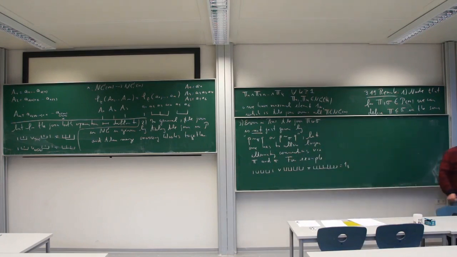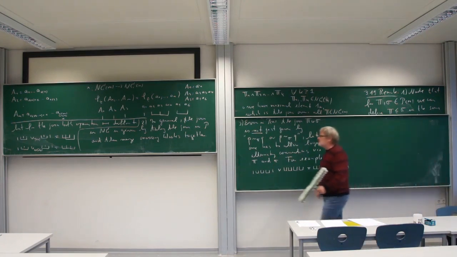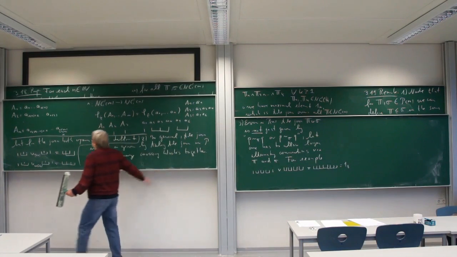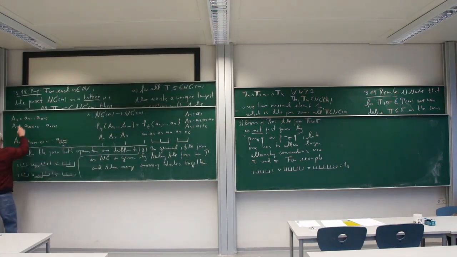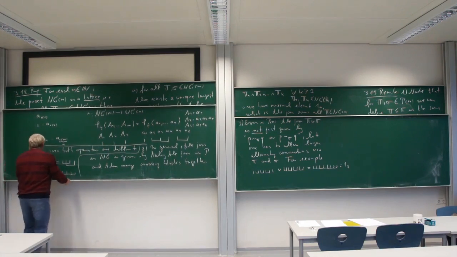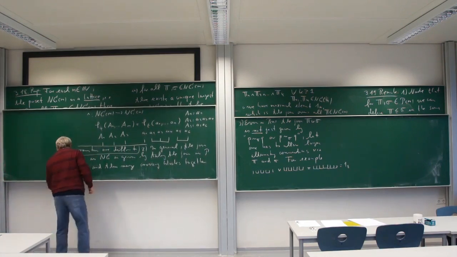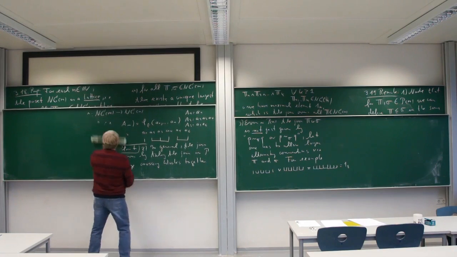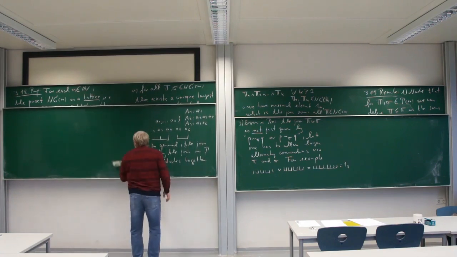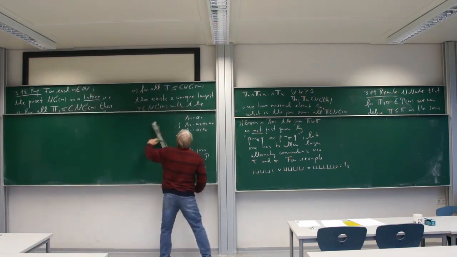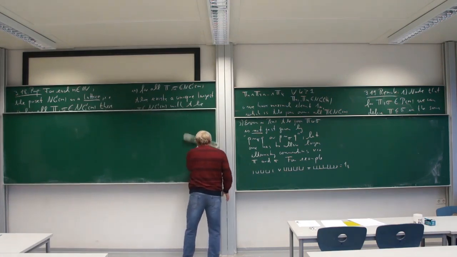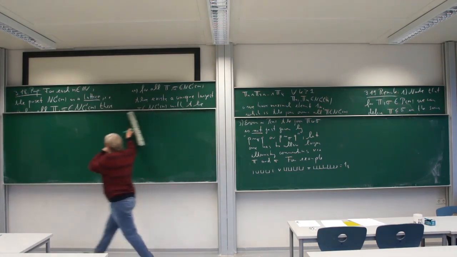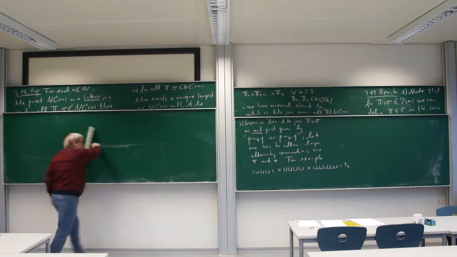There's now a very nice and clear description of how the cumulants of the capital A's and the little a's are connected. And for this, we use this join formation.